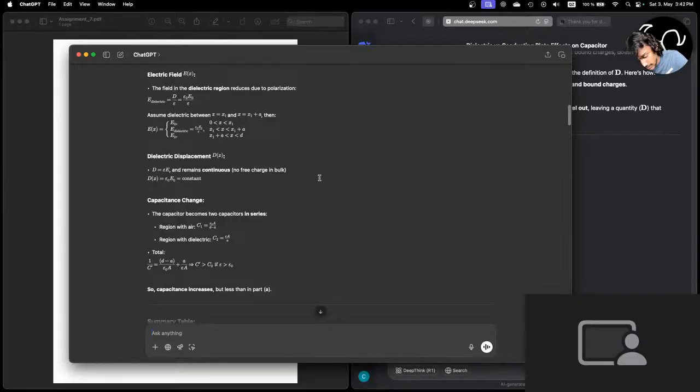It's going to be E0 if it's between x1 plus a and d. So that's the electric field.